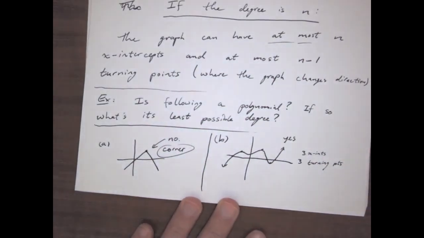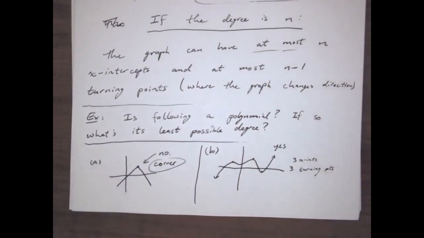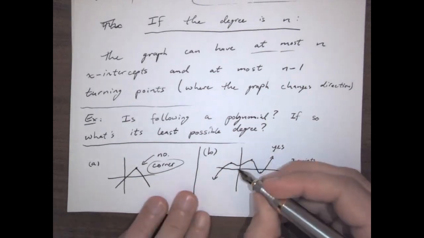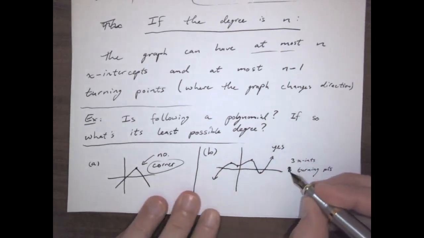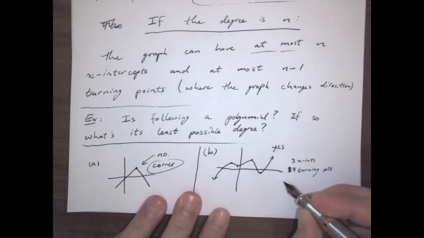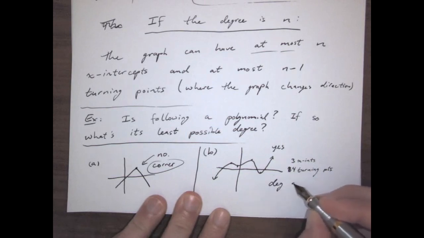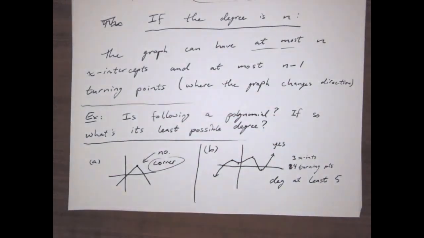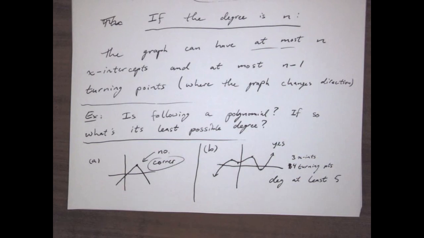So you might have thought that it was going to have a degree of 3, but the 4 turning points mean that the degree has to be at least 5. It always has one higher degree, at least, than its number of turning points.